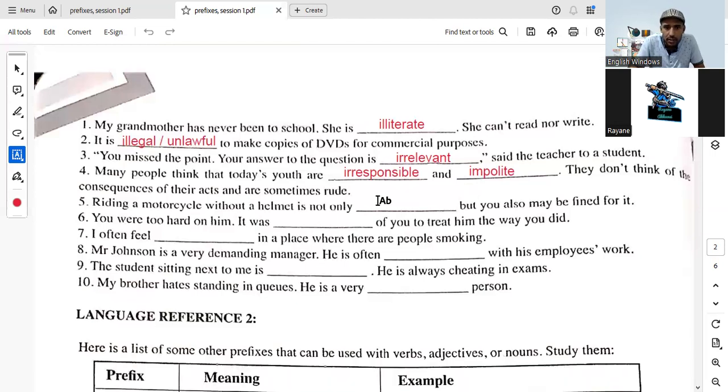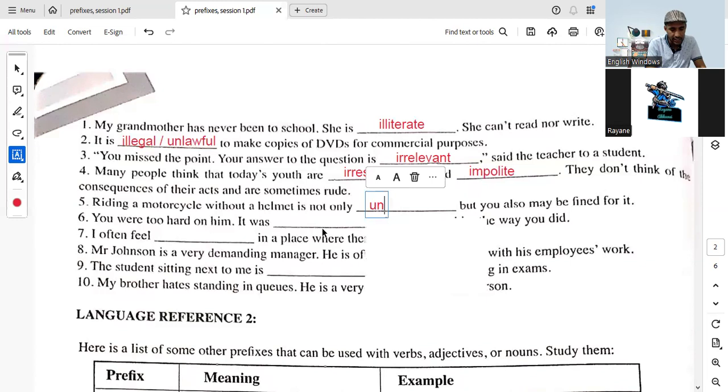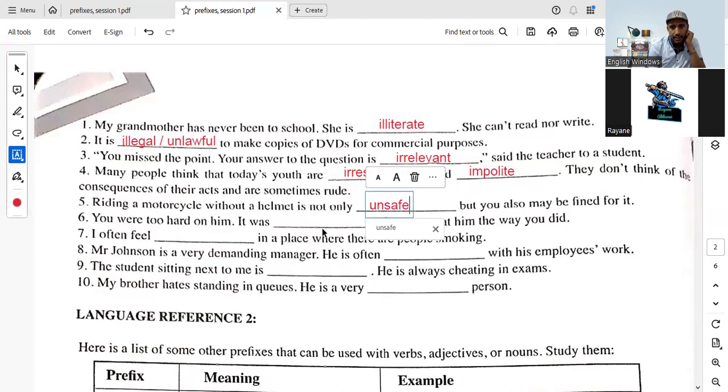Well, okay, so here we said number 5, riding a motorcycle without a helmet. You know what a helmet is? Yes. Okay, it's not only unsafe, and there are many possibilities here.